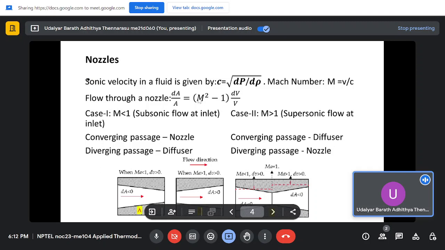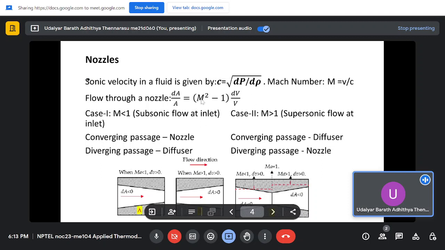So that you get a negative value. So dA by A equals minus dV by V. So when your area is reducing, your velocity will increase. Your flow at the inlet will be at subsonic condition, and it will accelerate, and your velocity will increase at the exit.